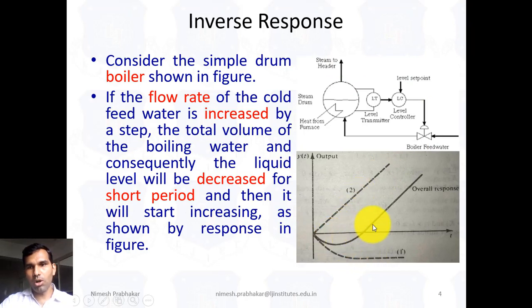This is the overall response, and this is the normal situation response. But when we give cold water as input to this system, initially the water level inside this drum is reduced. This graph indicates the decreased level of water inside this tank.